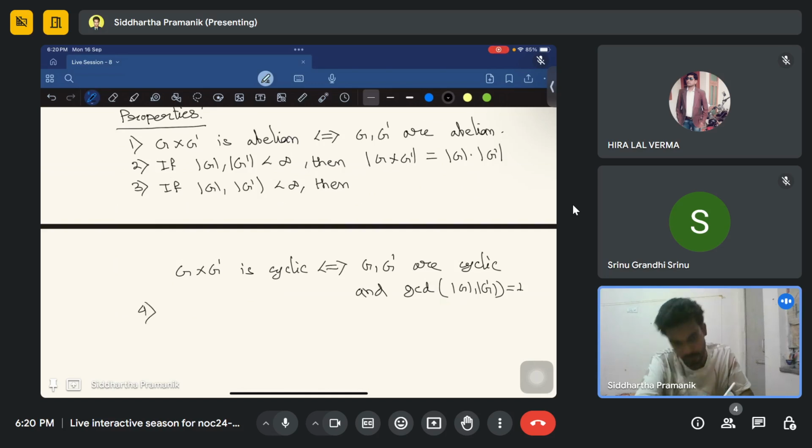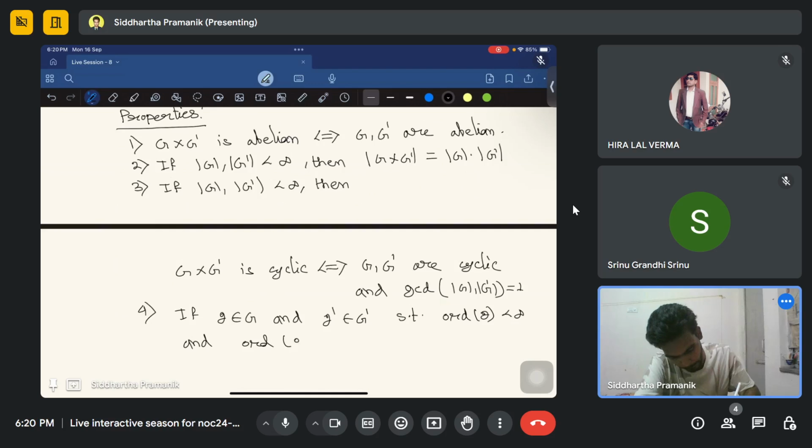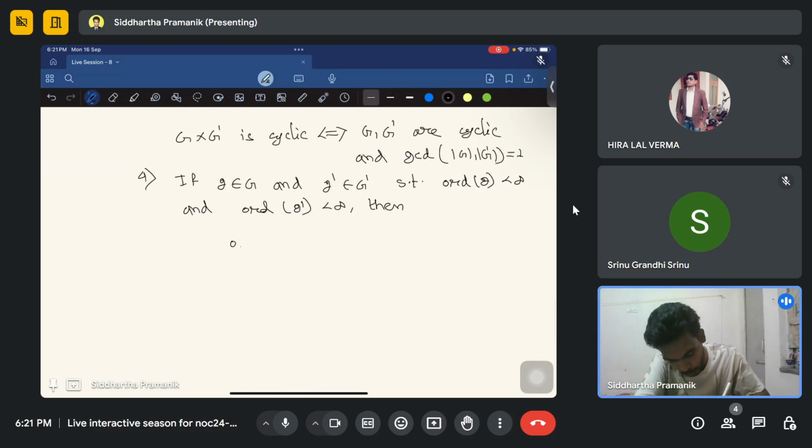And the fourth one is, if g belongs to G and g prime belongs to G prime such that their orders are finite, then the order of this element in the product group is also finite and it is equal to the LCM of the order of g and the order of g prime.